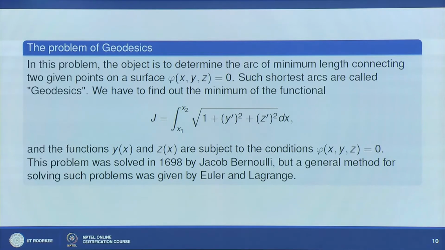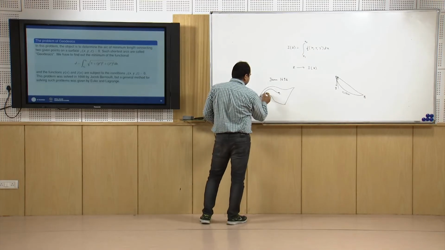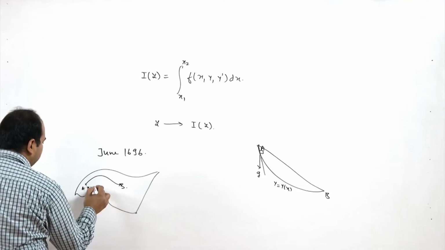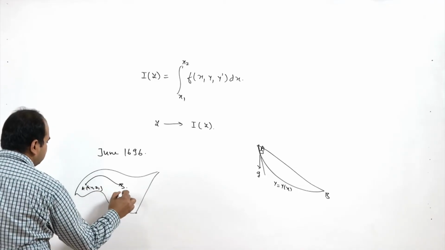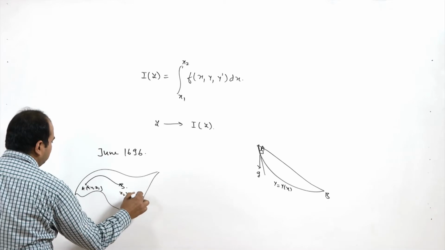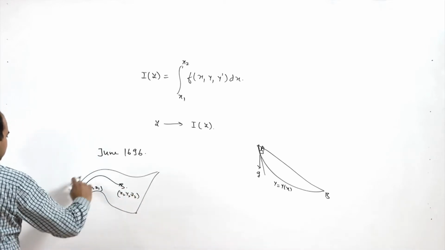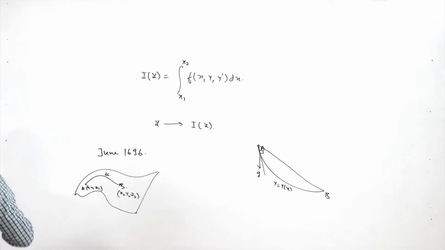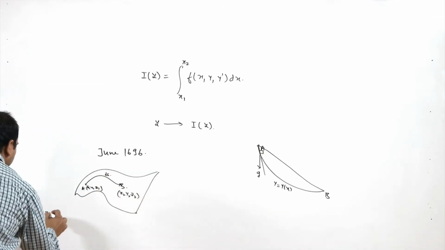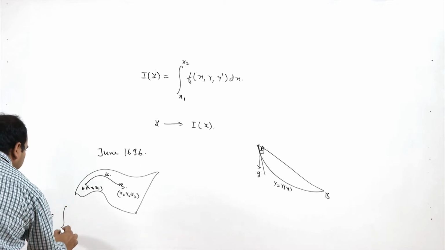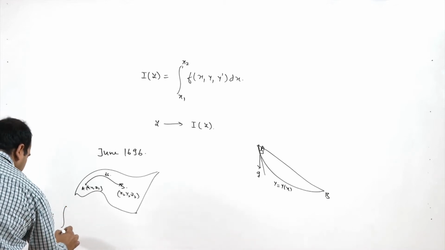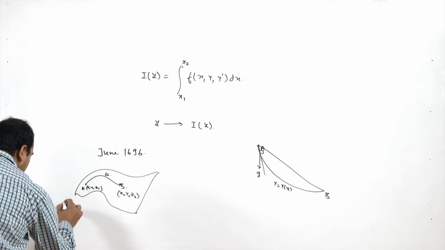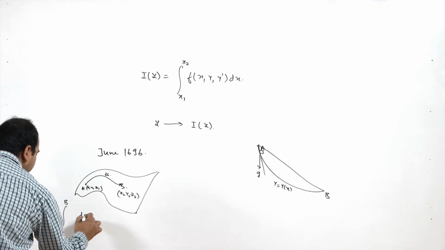If we denote this as (x1, y1, z1) and this as (x2, y2, z2), we can consider that you can find the line integral between A to B, and this is given as J equal to the integral from A to B of d s.